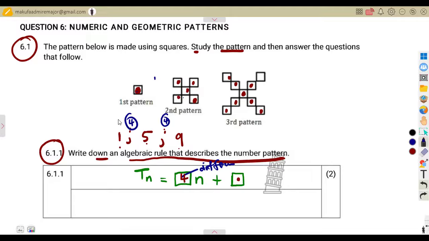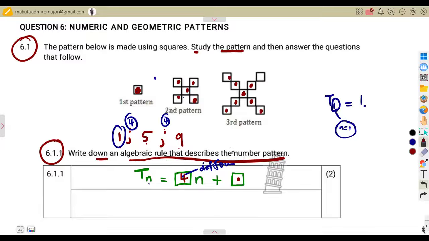Okay, this is what you can do. You just take what you're given from your question. Your first term is equal to 1. So it means when I have n, this one represents n. Remember, Tn: when n is equal to 1, T1 is 1.